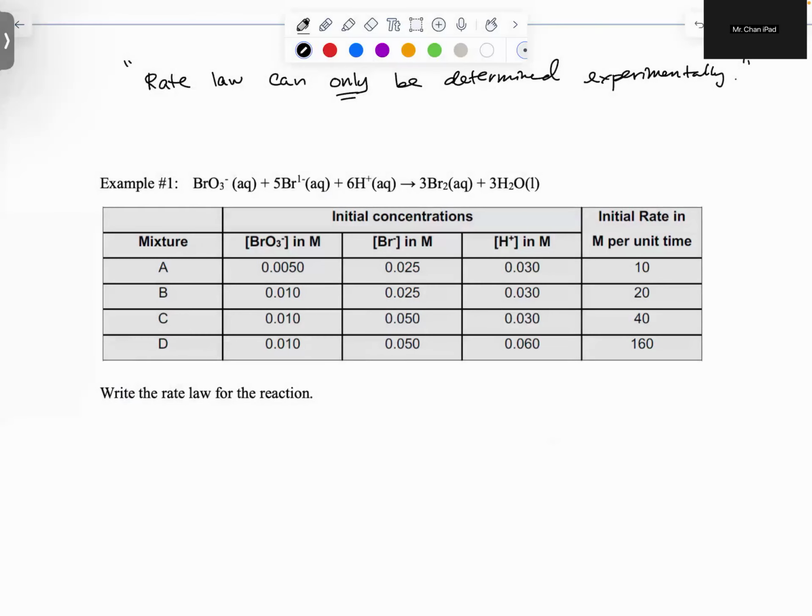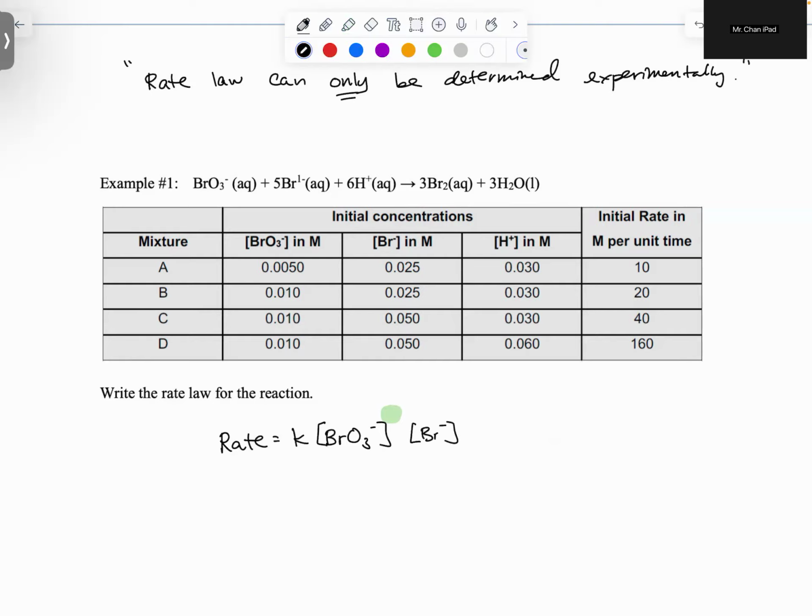What are we doing here? We are simply doing this. Rate is equal to K times BrO3 minus raised to a power, which we will find out in a moment.